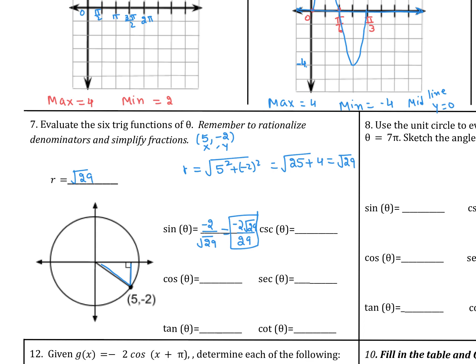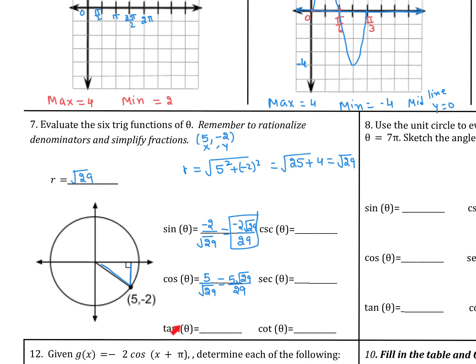Cosine is x over r, which in this case is 5 over square root 29, or 5 square root 29 over 29. Rationalizing is not a big deal. You just keep the square root the same on top and the bottom would be without the square root.